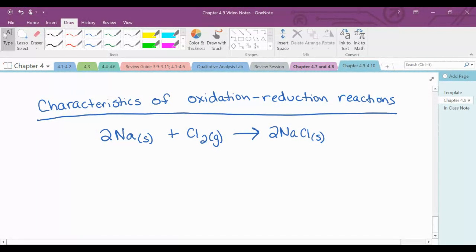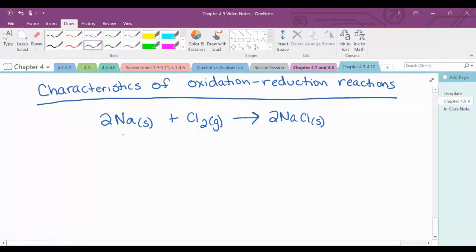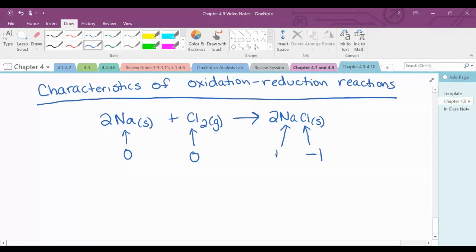So I'm going to assign oxidation states. Sodium is an element, so it has an oxidation state of 0. Chlorine is an element, so it has an oxidation state of 0. In sodium chloride, this would be a -1. This is a +1.